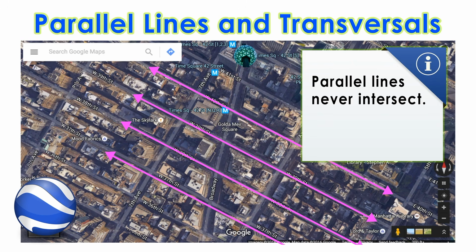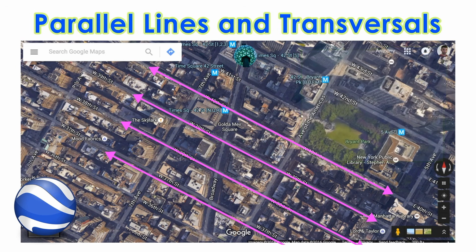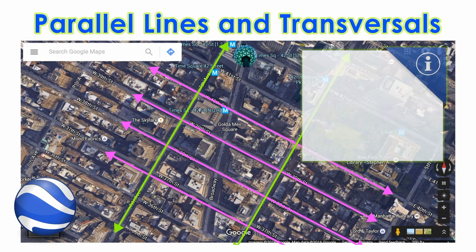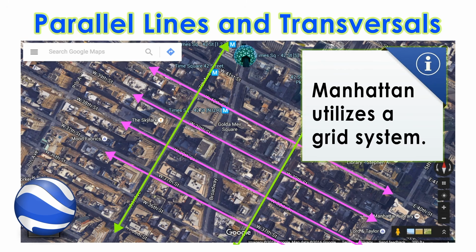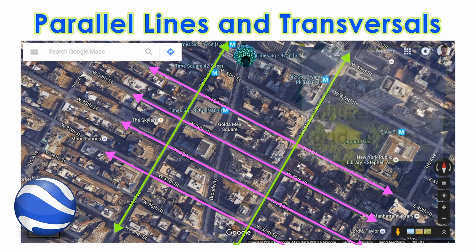We should also notice that our avenues run somewhat vertical, and they intersect our streets in a way that makes them perpendicular, or that they form right angles. And looking at the map this way should help us to better understand why, for the most part, Manhattan utilizes a grid system.